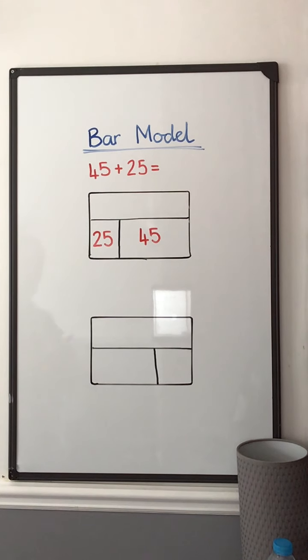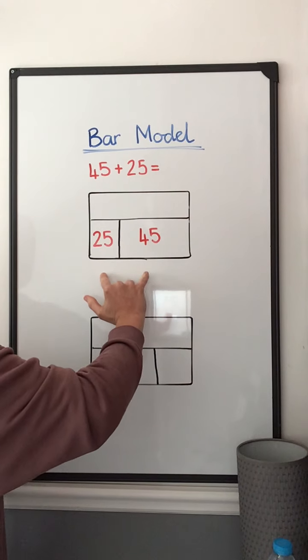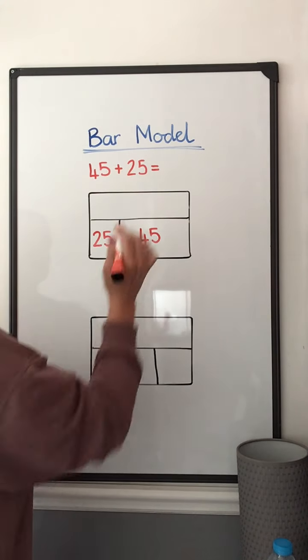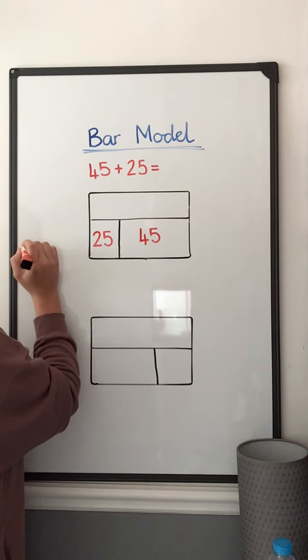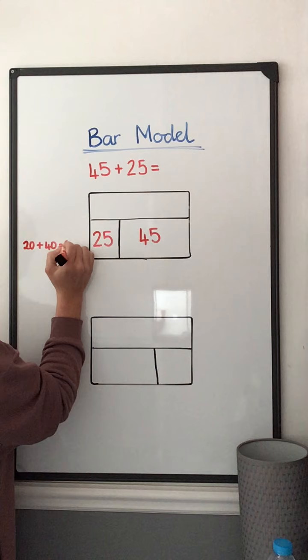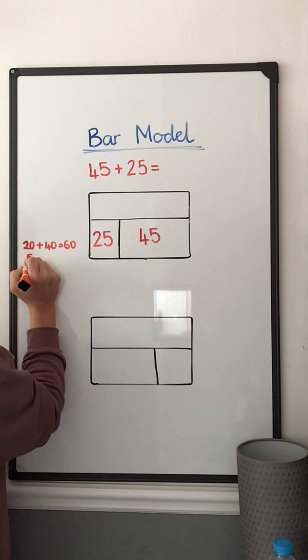Now, just as we did before, you would use a number line or partitioning to solve the problem. So if we think we've got our tens, 2 plus 4, 6, but it's 20 plus 40, so it would be 60. Then I've also got my ones, 5 plus 5.